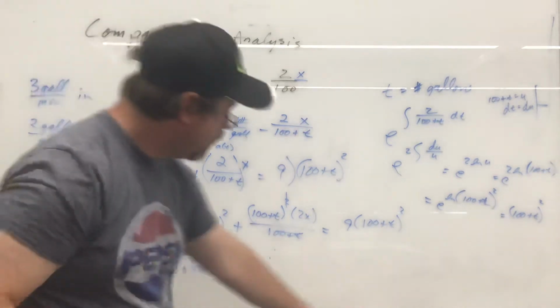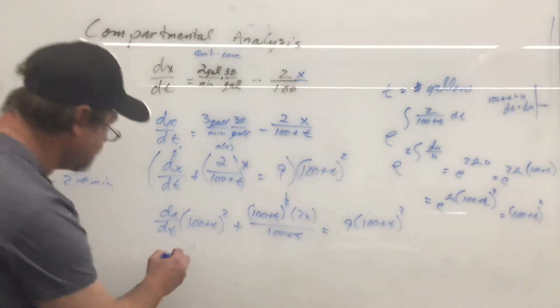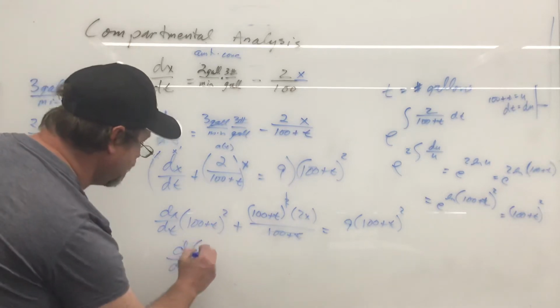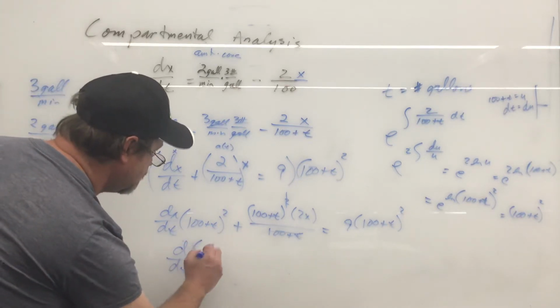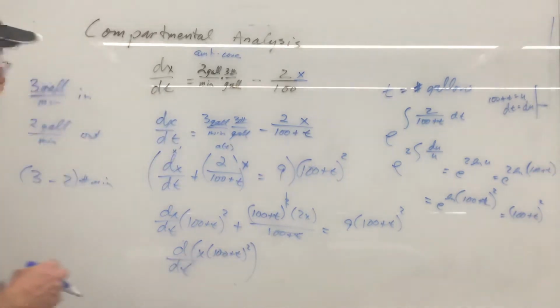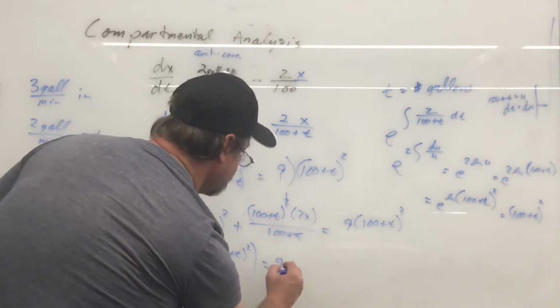So it still works, even though it's not an exponential. I have the same kind of result, which is this is the derivative with respect to t of that product, x times 100 plus t quantity squared. And the right-hand side I can just write down.